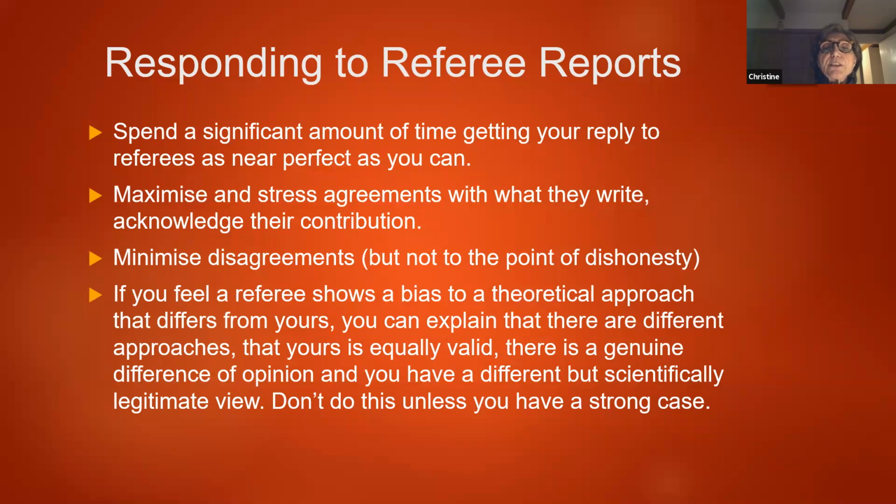You can also explain that there are different approaches, but yours is equally valid. You can try to explain it in there, but sometimes that may go on deaf ears, as you know.